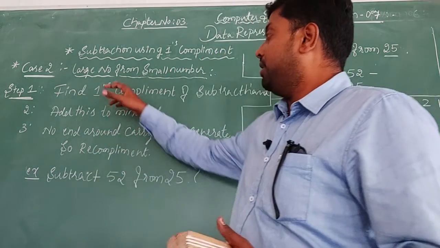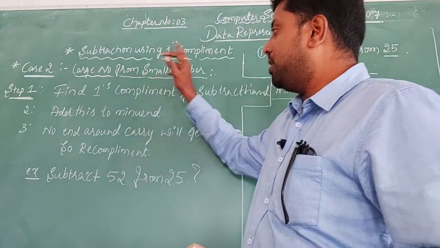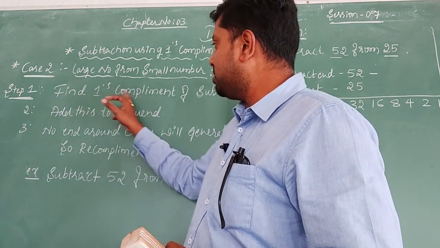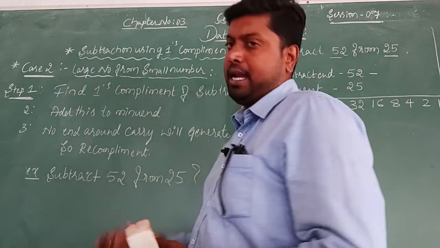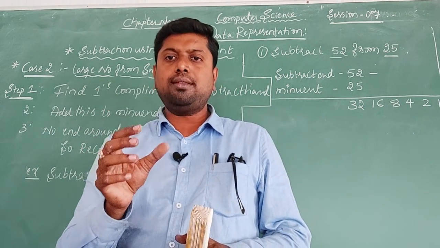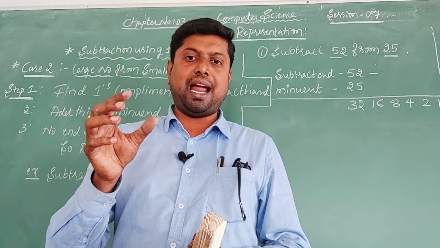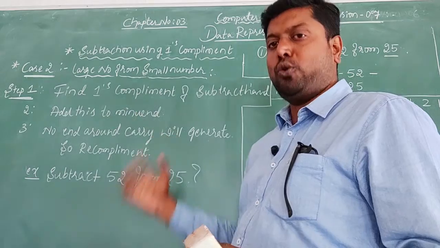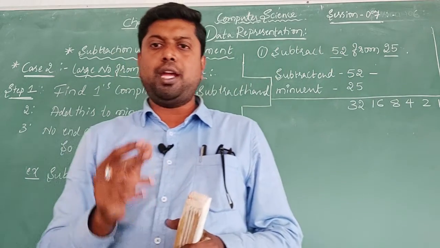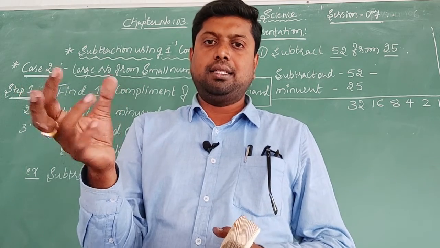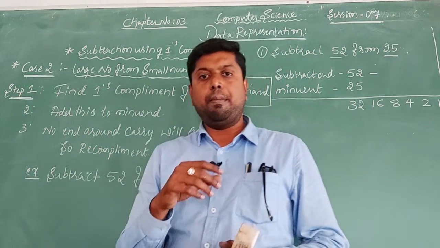When subtracting a larger number from a smaller number, the first step is to find the ones complement of the subtrahend. After that, add this to the minuend.